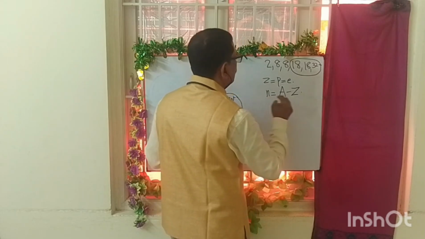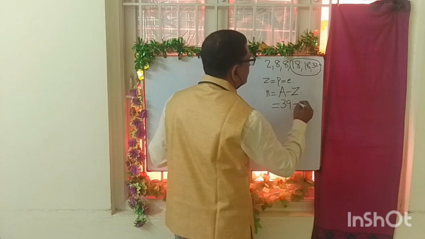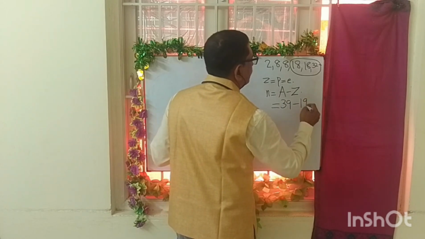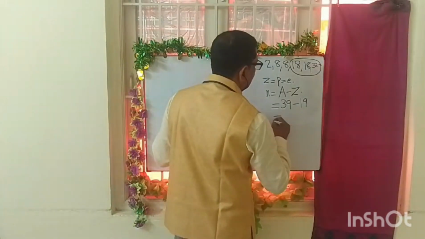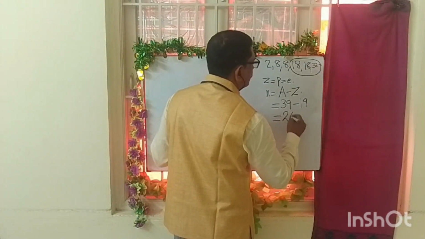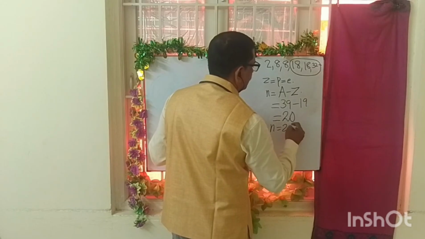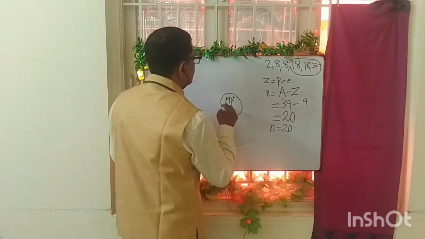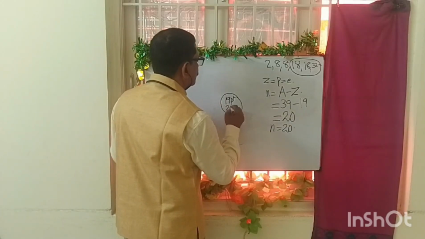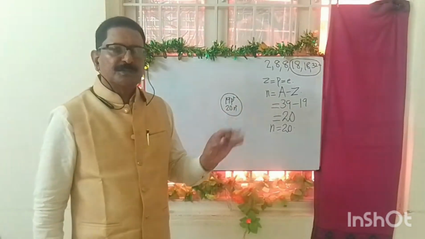We have already calculated before, it is 39 atomic mass. From 39 subtract 19, then you will get 20, and that is the number of neutrons in the nucleus. Therefore, 20 neutrons, put a 0 here to show that there is no charge on it.